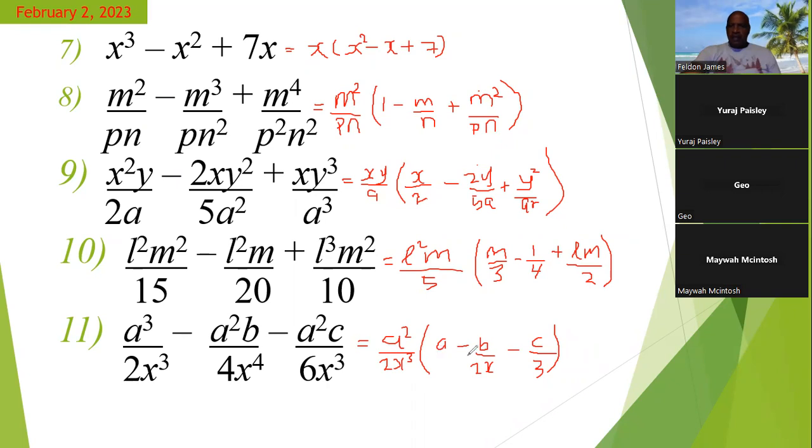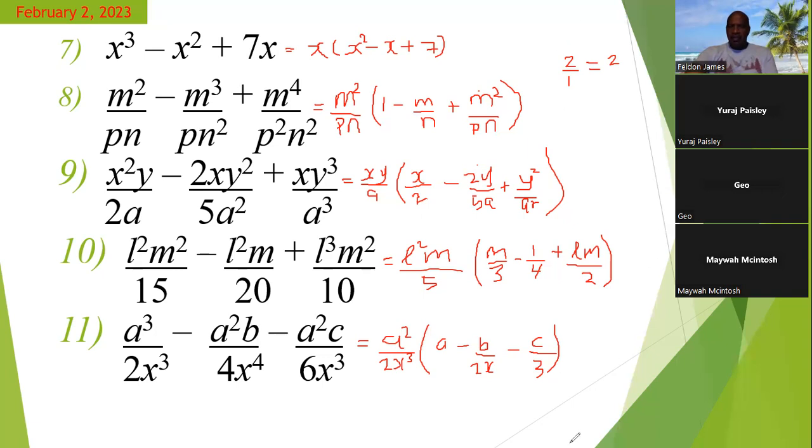If you put it there, it wouldn't be wrong. But remember, just like when you're writing a whole number, if you put 2 over 1, it would be the same as just 2. So to leave it over 1 would show some naivety on your part mathematically.